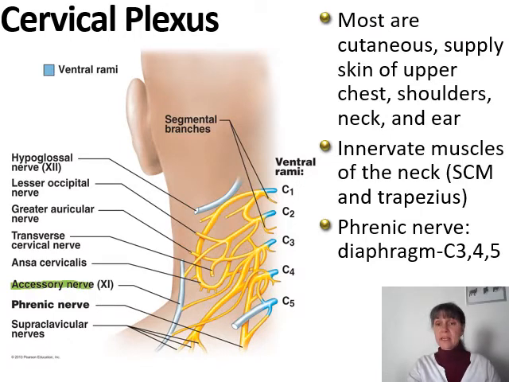And coming off of the ventral rami from this area, we find the accessory nerve, cranial nerve 11, which supplies the muscles sternocleidomastoid and trapezius. We also see a special nerve here called the phrenic nerve.